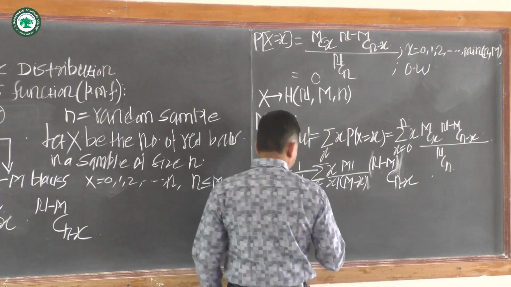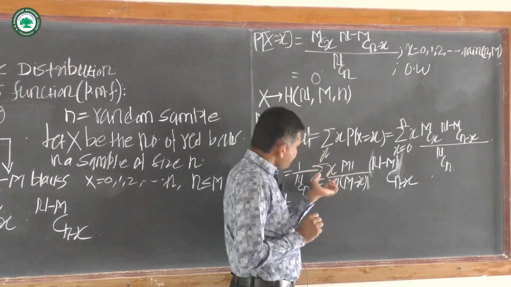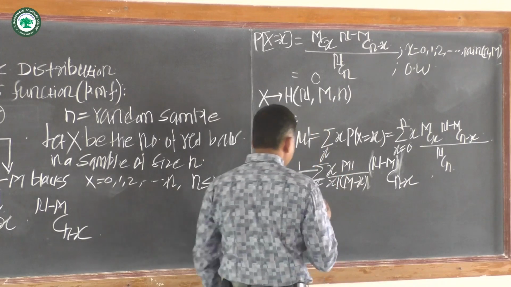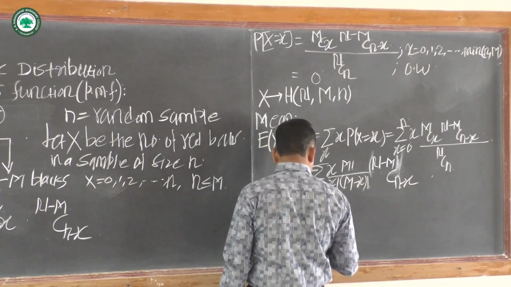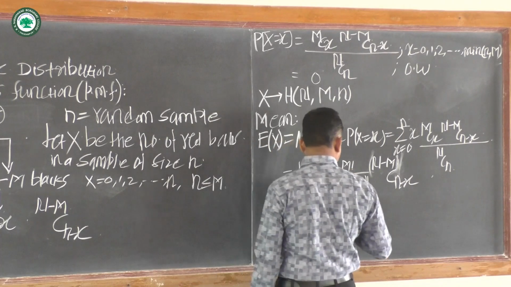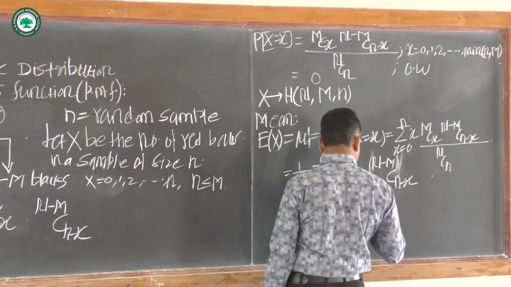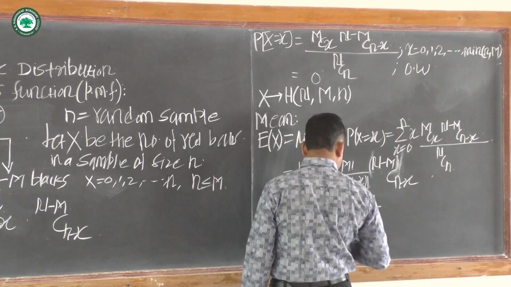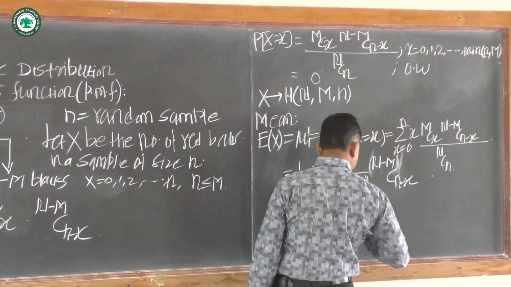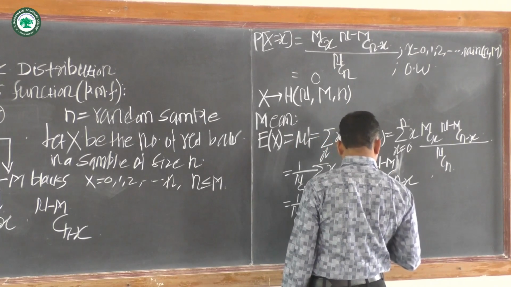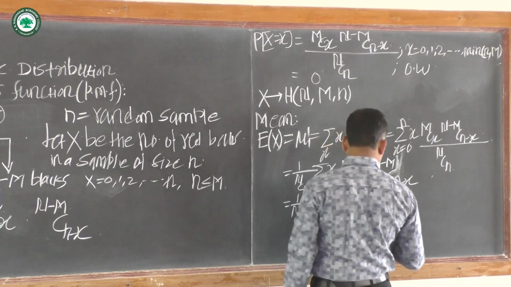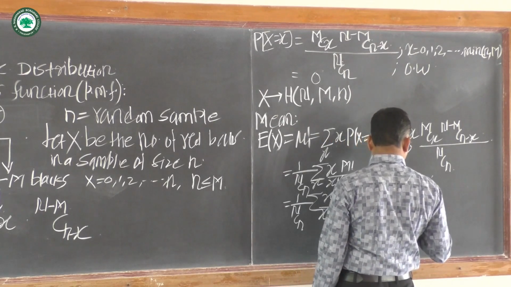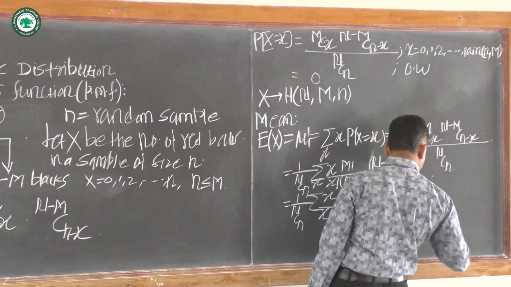Now, to cancel the x, we convert x factorial into x into (x minus 1) factorial, and M factorial can be converted into M into (M minus 1) factorial, as follows: 1 upon NCn into the summation of x into M into (M minus 1) factorial upon x into (x minus 1) factorial into (M minus x) factorial into (N minus M)C(n minus x).